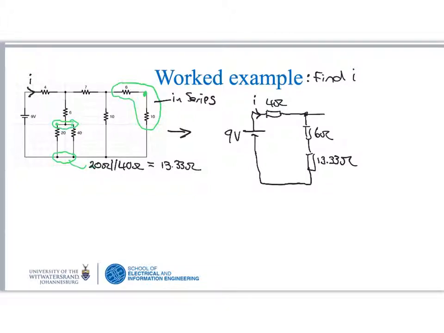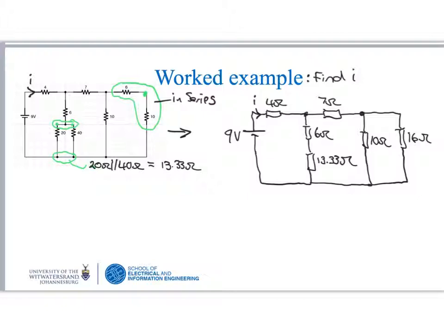And then we still have the 7 ohm resistor and the 10 ohm. And we're combining the 6 ohm and the 10 ohm in series with each other. So that gives us 16 ohms over here.